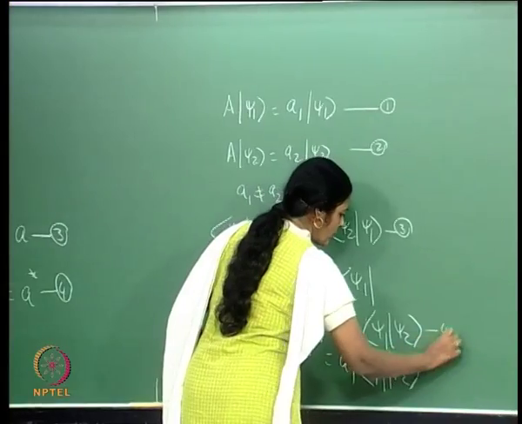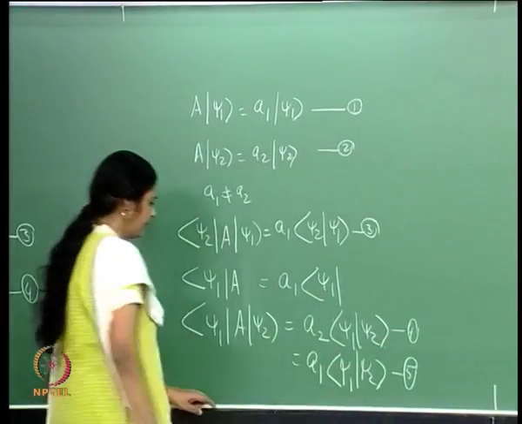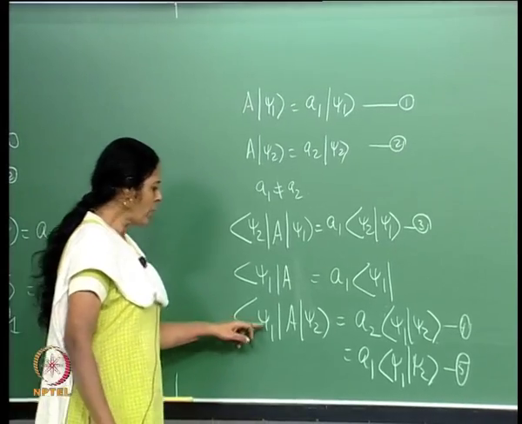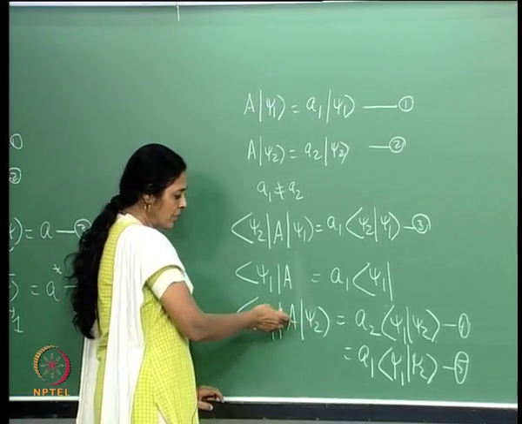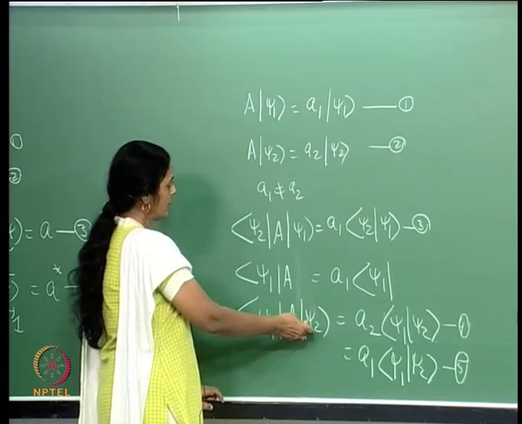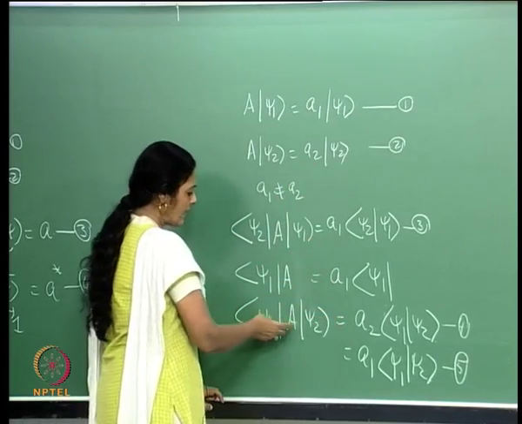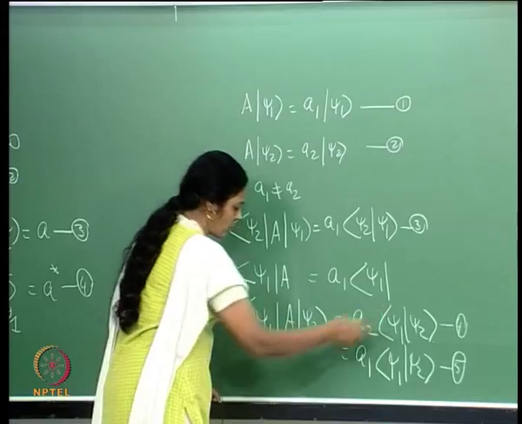So, I have these two equations. On the one hand, I worked with A on psi2, pulled out an a2, and I had an inner product of psi1 with psi2.